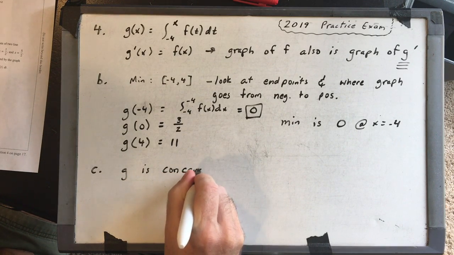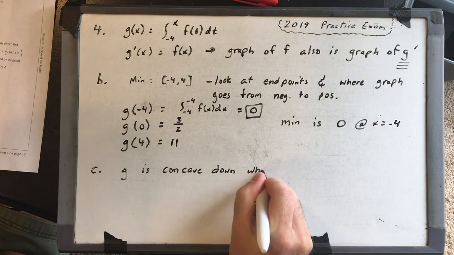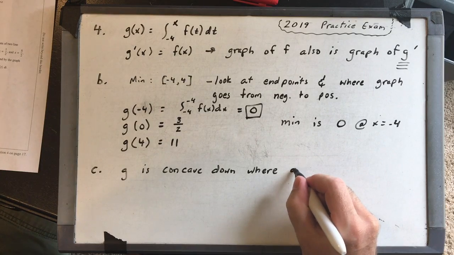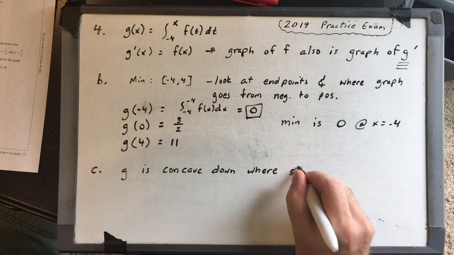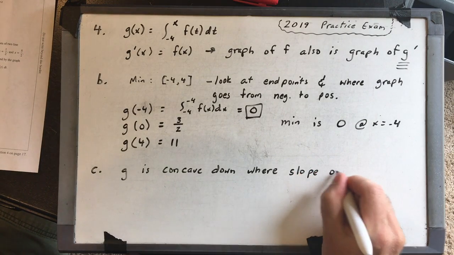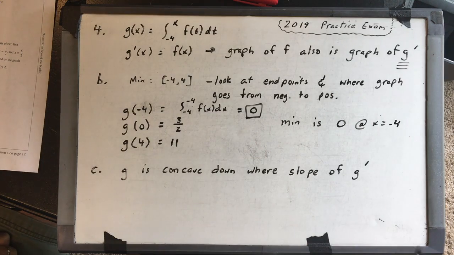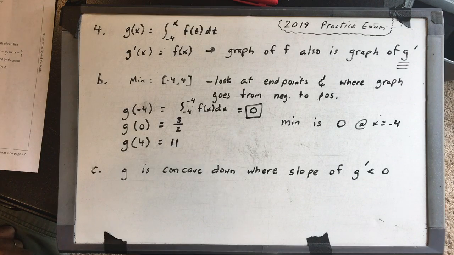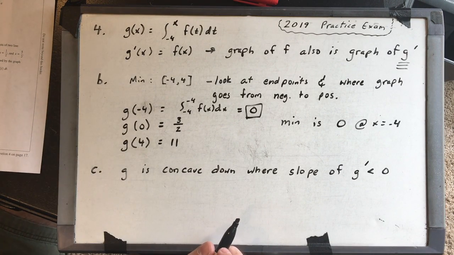You'd have to write this out, where the slope of G, so the slope of the derivative, and you need to have that sheet ready to go that tells you how to read the graph of a derivative, where the slope of G prime is negative. So that's your explanation. We're looking, where is the slope negative?